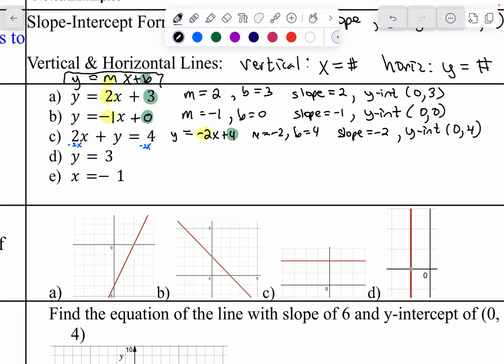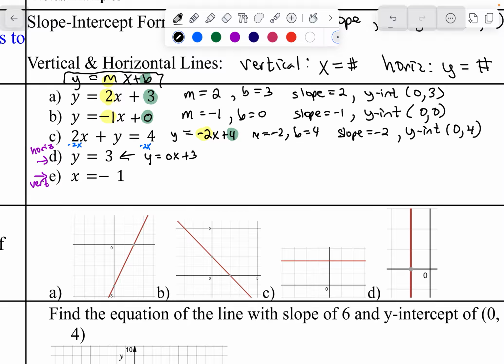Now, D and E are a little different from what we talked about earlier. E is vertical. D is horizontal. Now let's talk about, well, how do we deal with that? What do we do? Well, the horizontal one we can deal with a lot easier than we can the vertical. So let's start with D. You can rewrite this as y equals 0x plus 3, right?